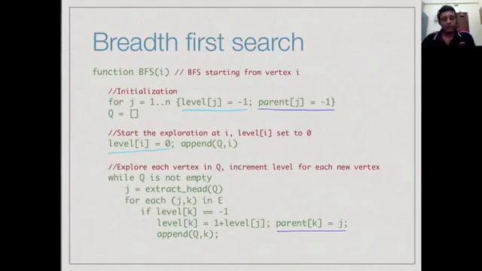So if its level is -1, it means it's not visited. This is the same as visited k is 0 in our earlier version. And if so, we set the level of k to be 1 more than the level of j from which it was visited. And of course, we set the parent as before.